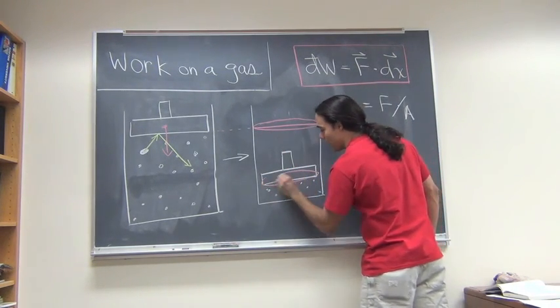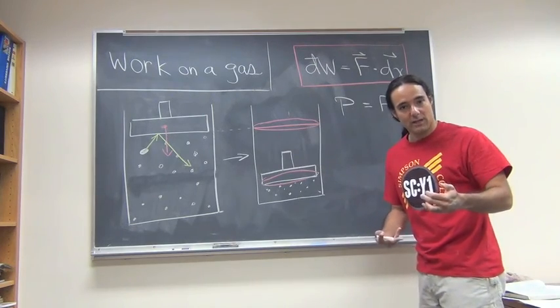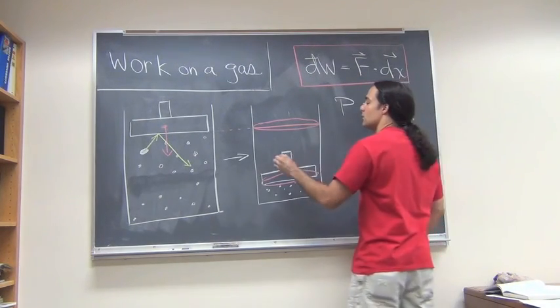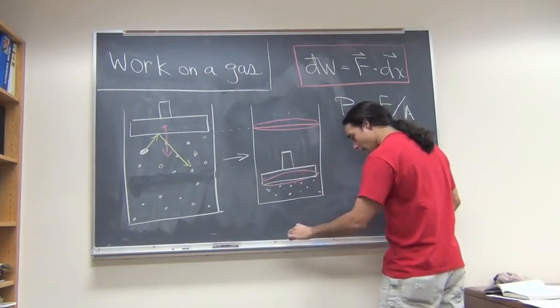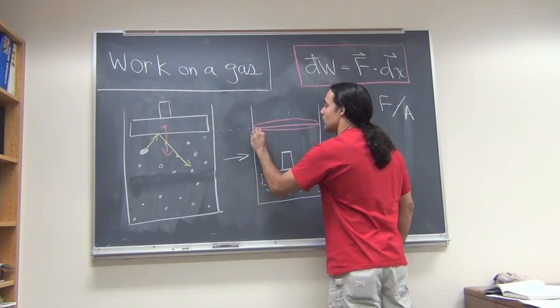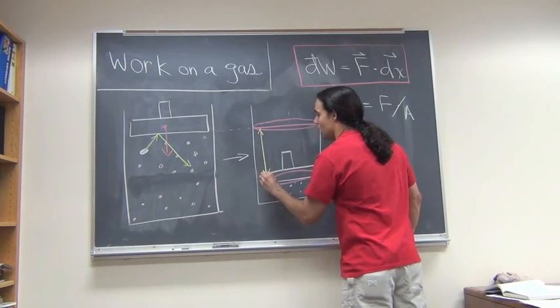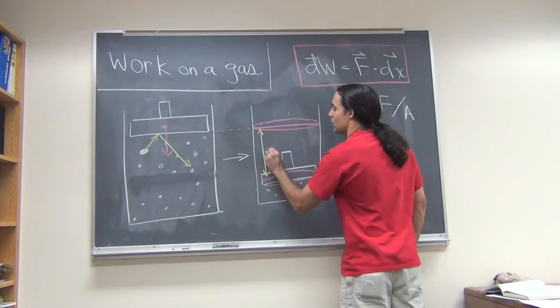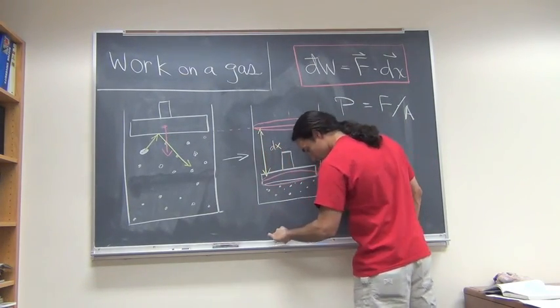If I look at the bottom of my piston, say it's a circular piston, it's got some area to it. And I am sliding my piston down by some amount. I'll call that amount dx.